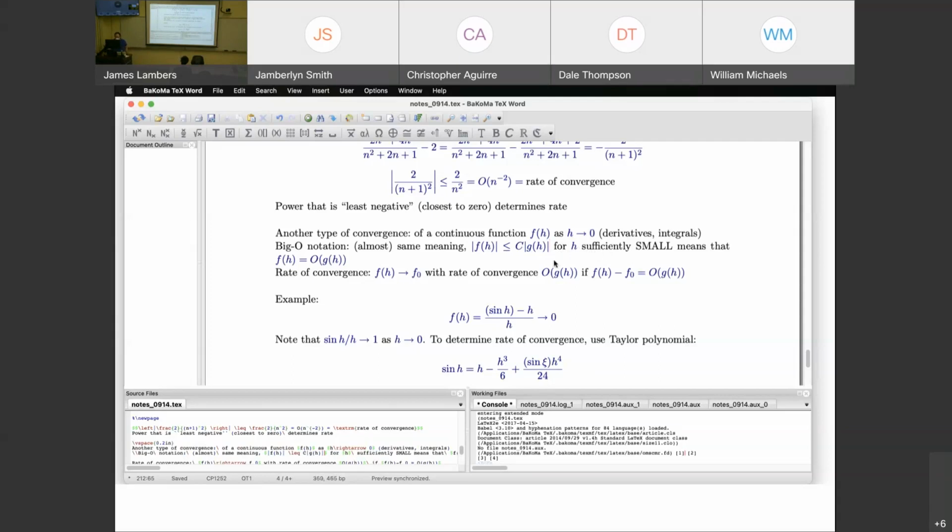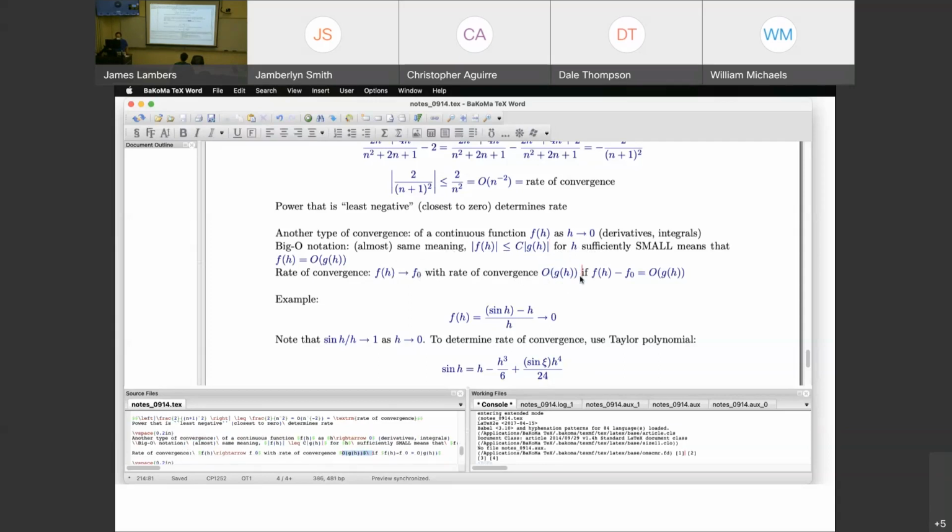Okay. So then, we have a similar definition of rate of convergence. If f of h converges to this value f naught as h goes to 0, then this is a rate of convergence if the difference is big O of g of h.